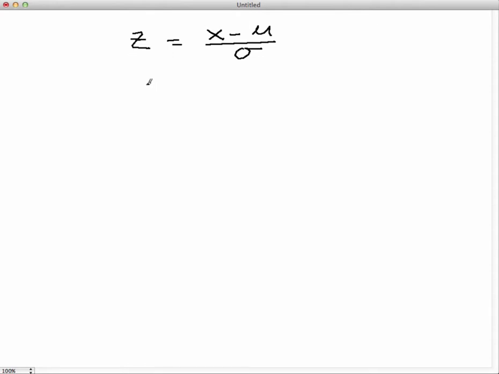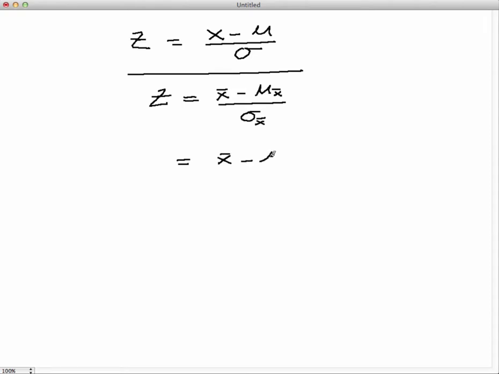Well, in our particular case, we're doing the sampling distribution of x bar, and so the z that we're going to be interested in is going to be x bar minus the mean of the x bars divided by the standard deviation of the x bars. So that's going to be equal to x bar minus mu, because we know the mean of the x bar is the same as the mean of the original distribution we were sampling from, divided by the standard error, which is sigma divided by the square root of n.